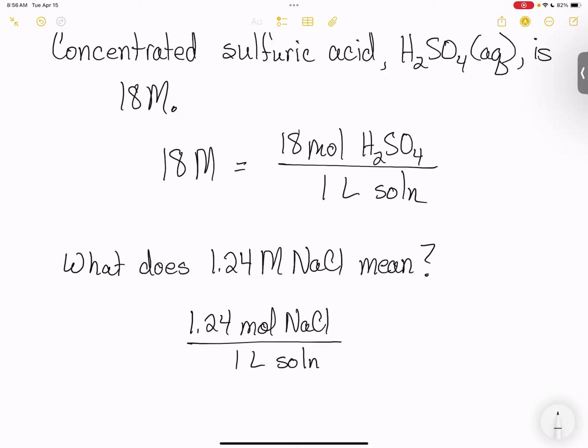Number one, if I am going to make a solution, then I need moles of my solute and I need volume in liters of my solution.